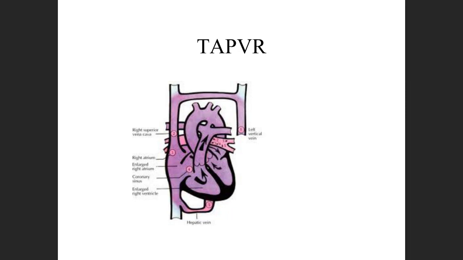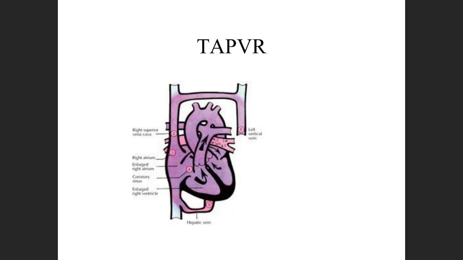So there is mixing of oxygenated blood from the pulmonary system with deoxygenated blood in the right atrium. And there's deoxygenated blood, therefore, going into the left atrium, to the left ventricle, to the aorta, and the systemic circulation. And these patients are cyanosed because of the mixing of these two types of circulation.